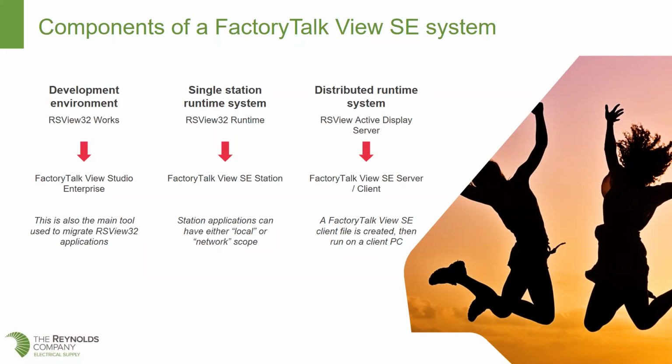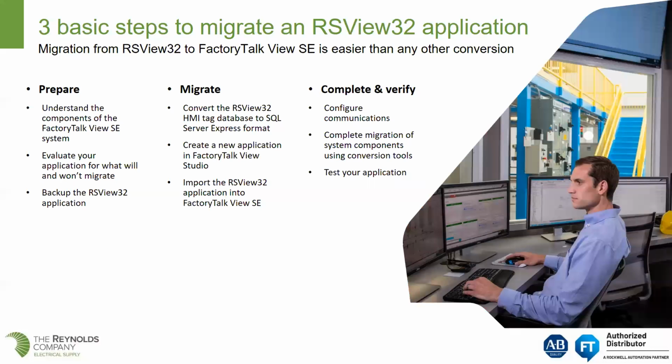architecture. There are commercial incentives for migrating from RSView32 to FactoryTalk View. Discounts on FactoryTalk View SE products up to 50%. There's three basic steps to migrate an RSView32 application. The first one is prepare.